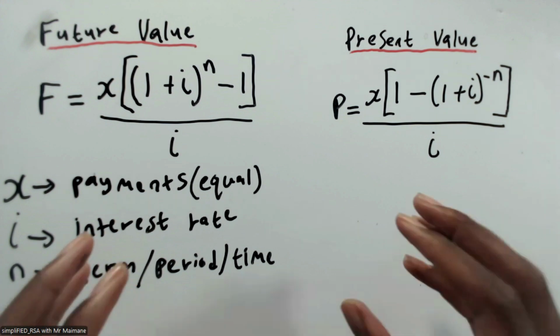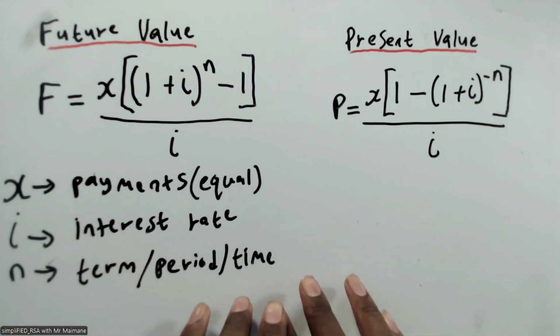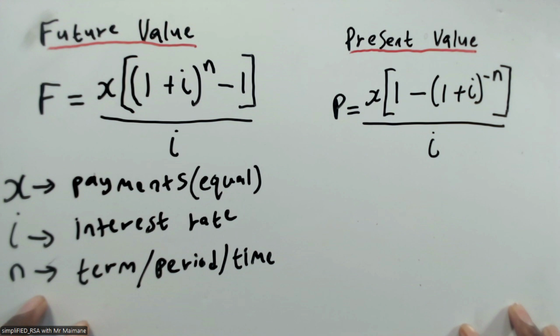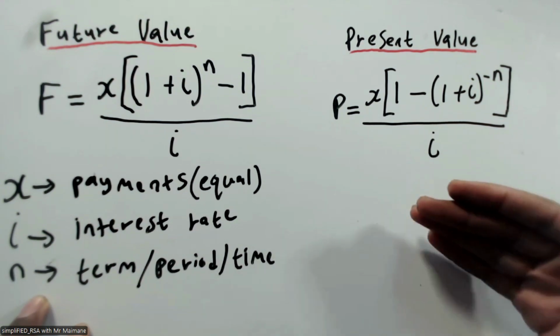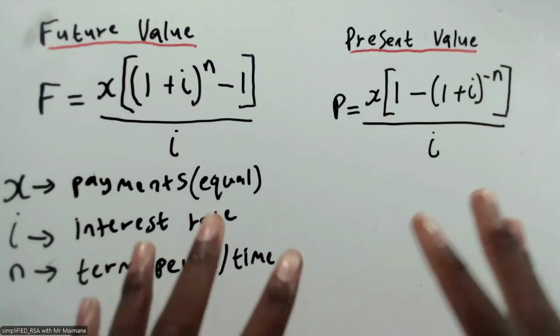The interesting thing about such questions is that in the paragraph of a given question, you'll always have a compounding period. They'll always tell you that it is compounded monthly, weekly, or yearly, whatever situation we may have.